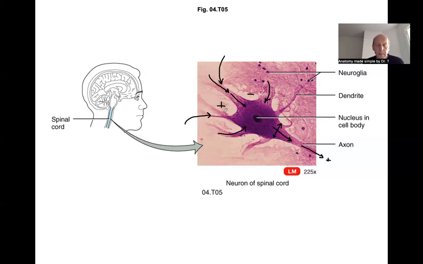Therefore, a nervous system, central nervous system in particular, the brain and the spinal cord, will have plenty of additional supporting cells that would be there to practically nourish and protect neurons, enabling them to do their function in the best possible way. These cells could be astrocytes, could be oligodendrocytes.